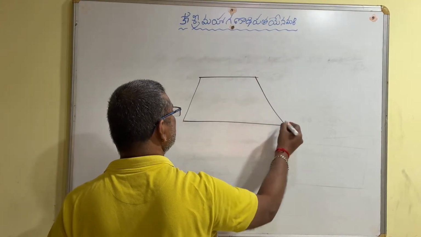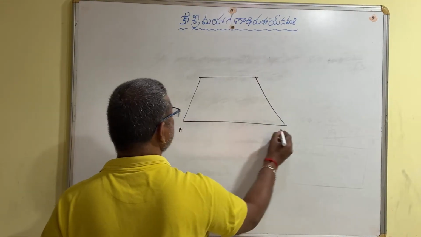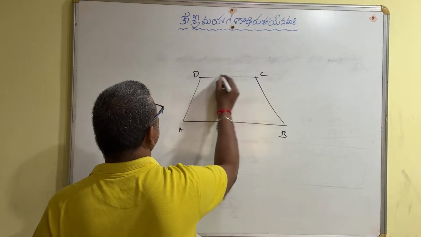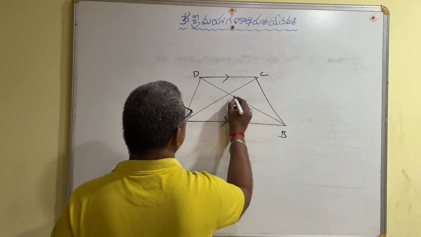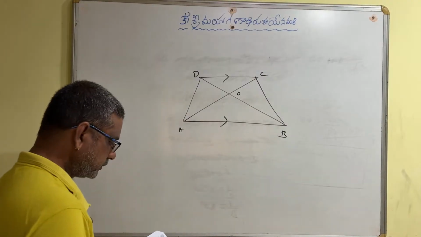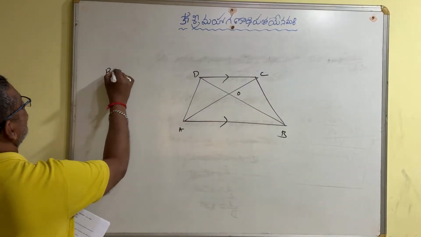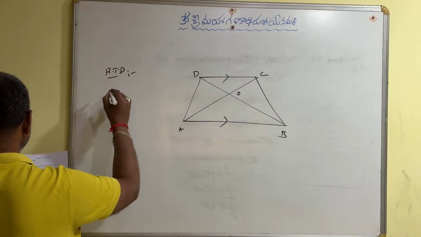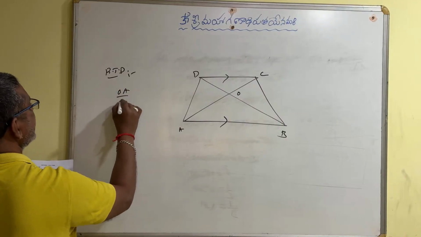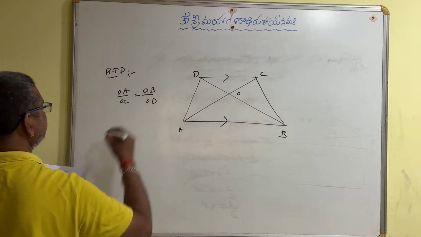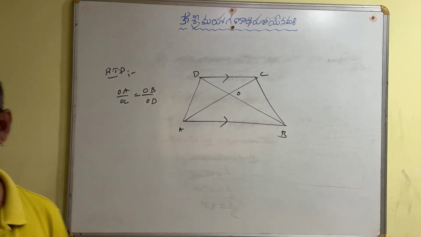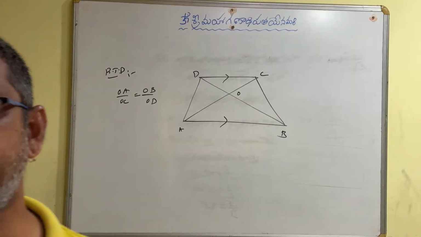AB and CD are parallel to each other, and the diagonals intersect each other at O. What is required to prove? OA by OC is equal to OB by OD.